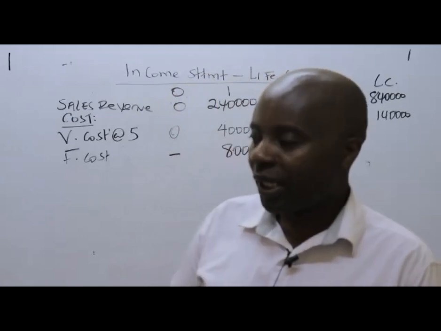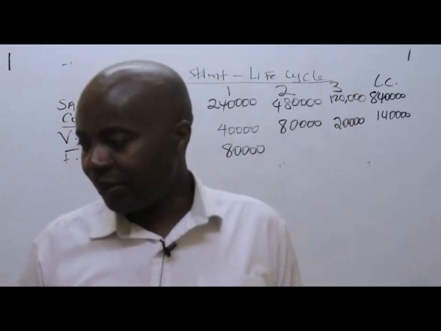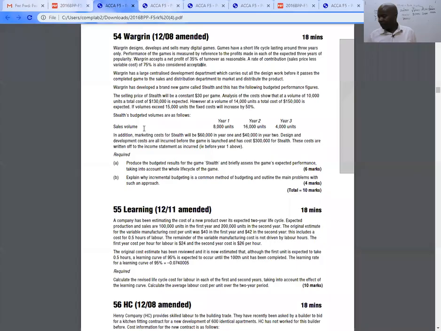Teresa has read something very serious here. It says that at a volume of 14,000, total cost is 150,000, which is expected. If volumes exceed 15,000 units, the fixed cost will have to increase by 50%.